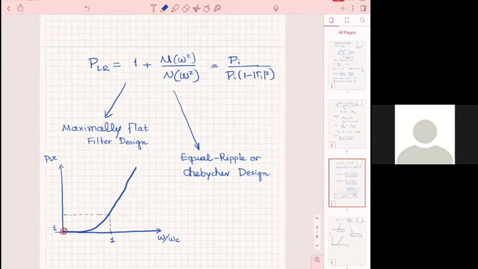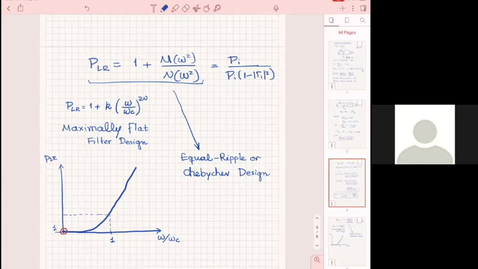And for the maximally flat also, using this form for the insertion loss ratio, then for the maximally flat, this one becomes 1 plus K, which is a constant, times omega over omega sub c to the 2n.